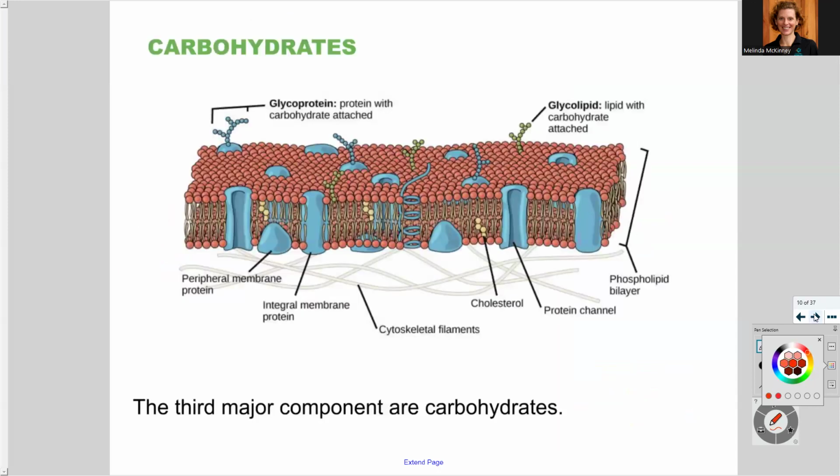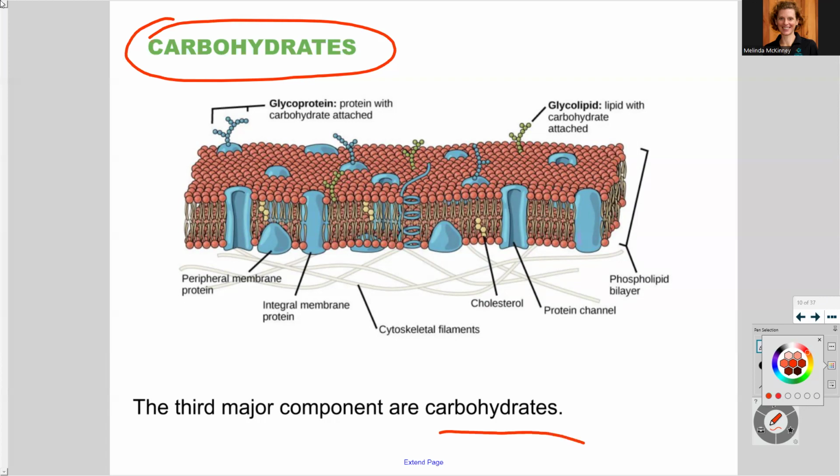Okay, so we did proteins, we did phospholipids. The last part that I'm going to cover for the membrane are carbohydrates. So carbohydrates, the third major component, are really going to be critical out here, where they're going to be involved in identity, right?